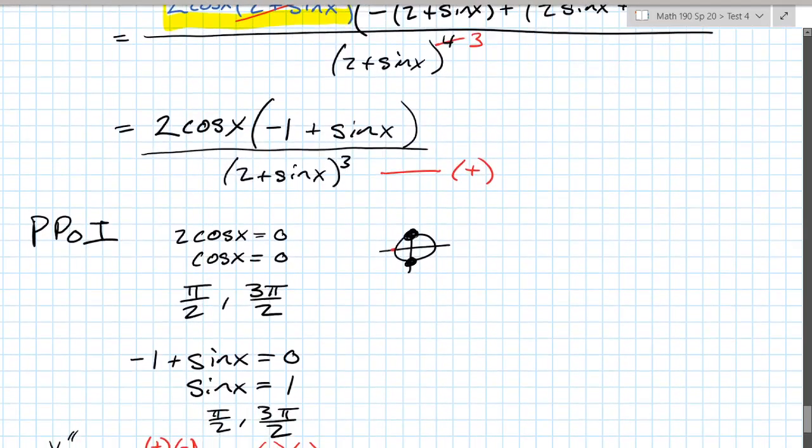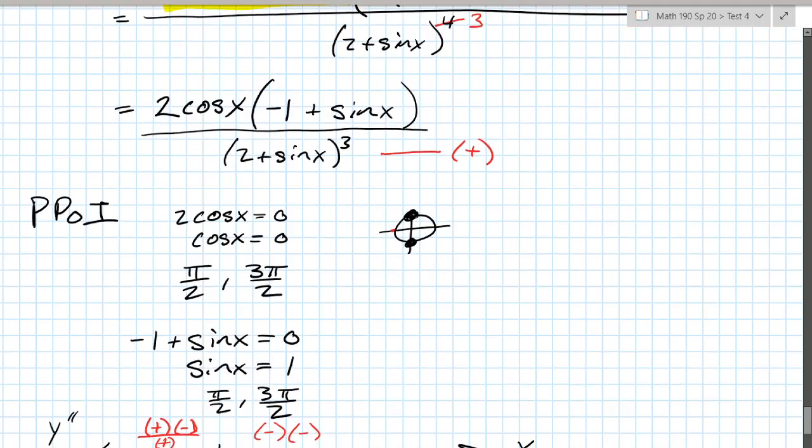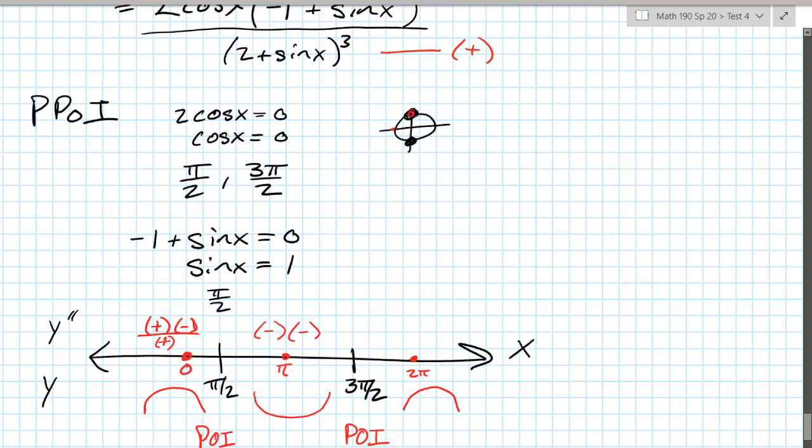And negative 1 plus sine x yields the same kind of thing, just pi over 2. Sine is positive at the top there at pi over 2. So that doesn't add anything new. We can draw our number line and test these.